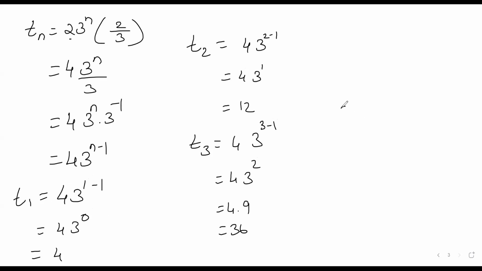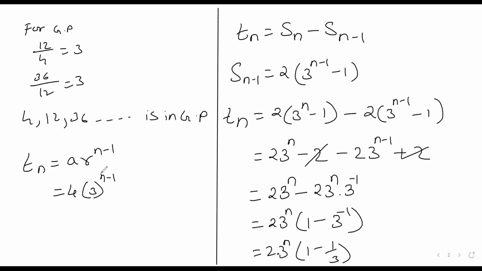The terms have come: 4, 12, 36. This is in GP because they have a common ratio. This is an alternative method. You can do it by this method or alternately by that method.